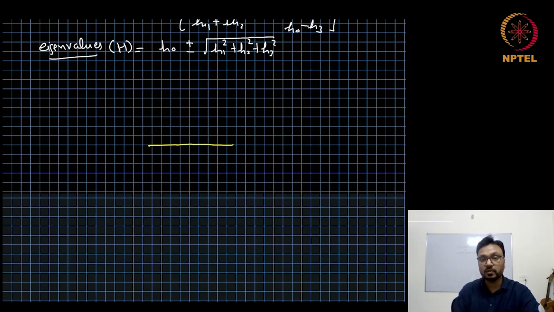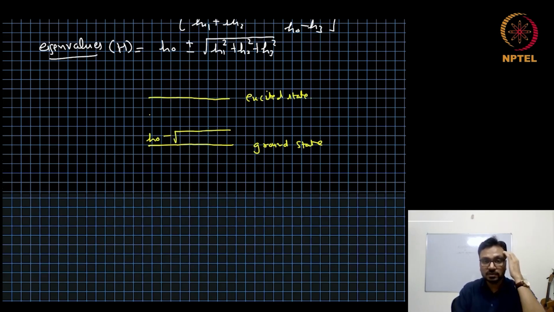One is the lower one, let's call it ground state. And one is the upper one, let us call it excited state. The energy of the lower one is H0 minus the root of H1 square plus H2 square plus H3 square. And the energy of the upper one is H0 plus the root of H1 square plus H2 square plus H3 square.